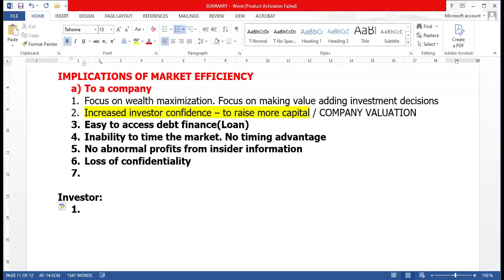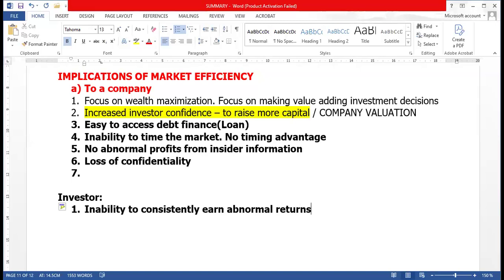Still you have inability to consistently earn abnormal returns. You as investors cannot consistently earn returns above the market average.